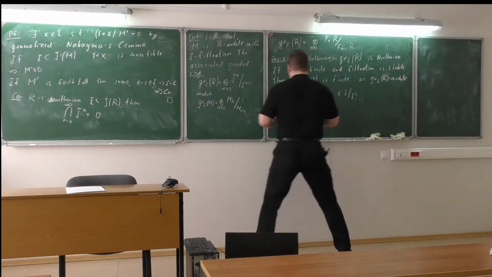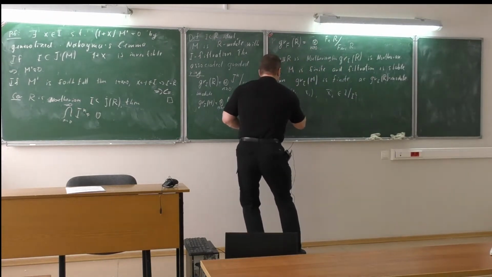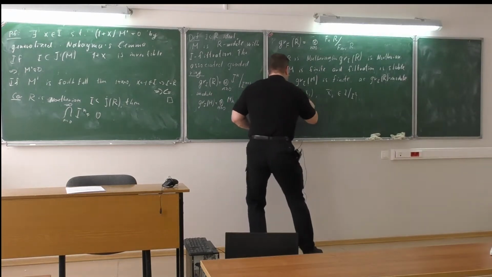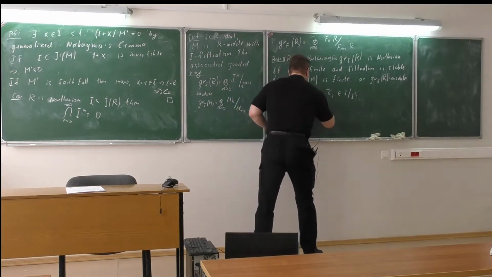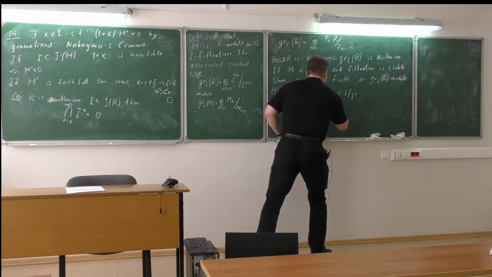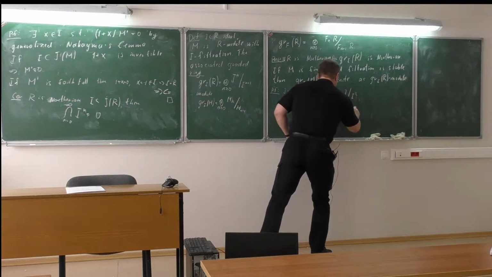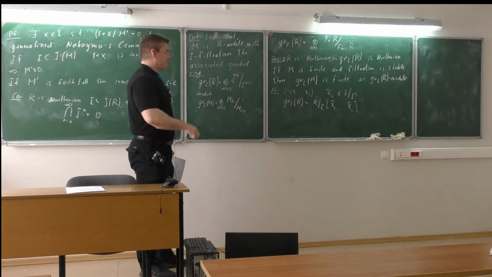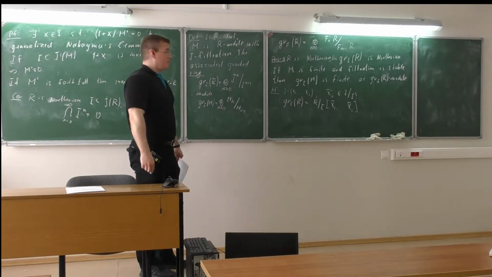Then I claim that the associated graded ring is generated over R modulo I exactly by these classes. So again, you apply the Hilbert basis theorem and conclude this is a Noetherian ring.